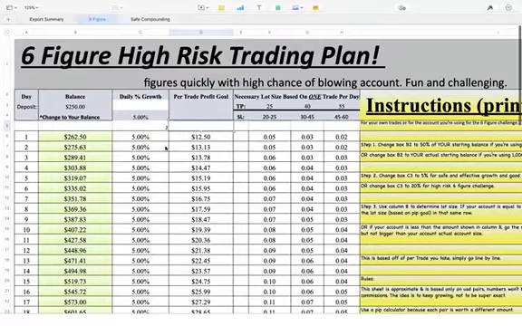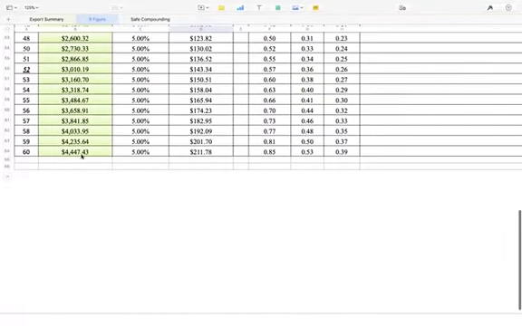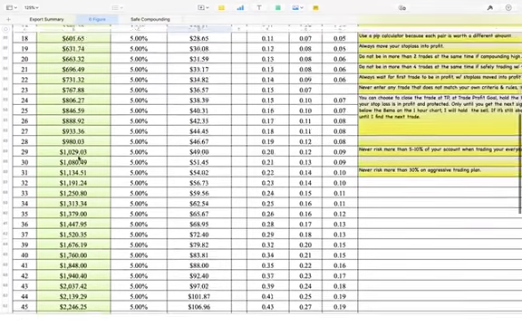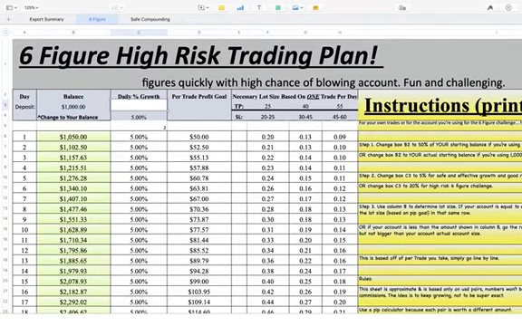At the worst case scenario, in 60 trades, 60 positive trades, you should exponentially grow your capital. Okay. And that's just with 250, y'all. Let's just say you got $1,000 in your account. Okay.